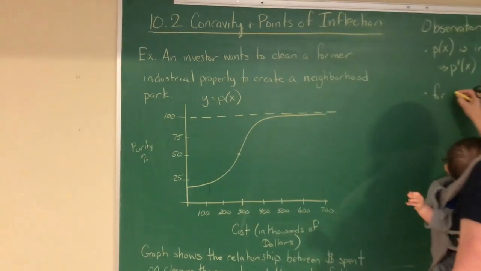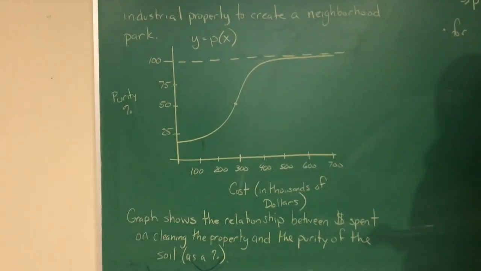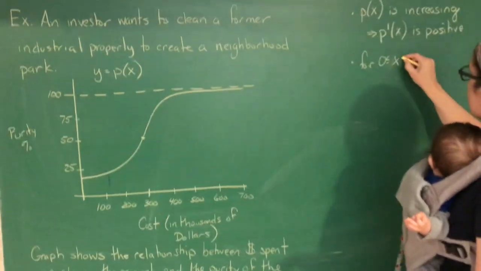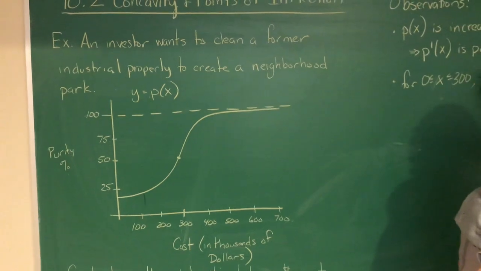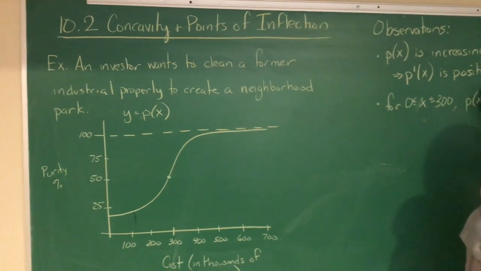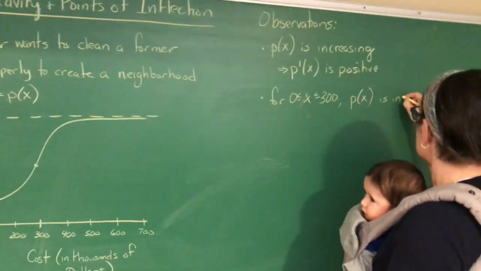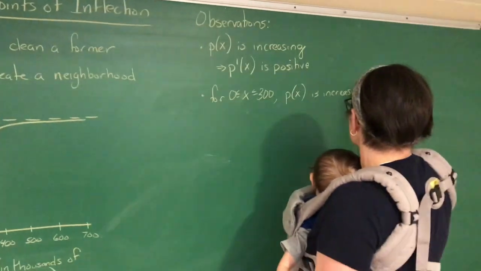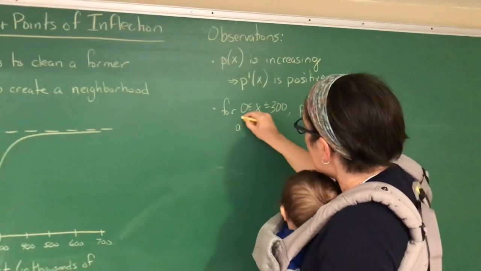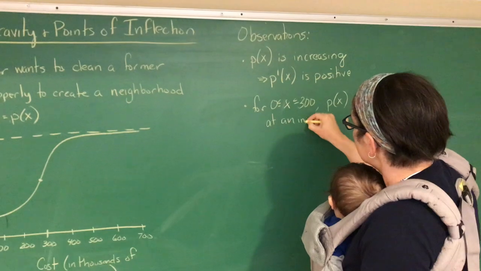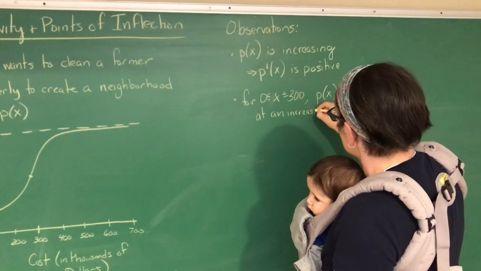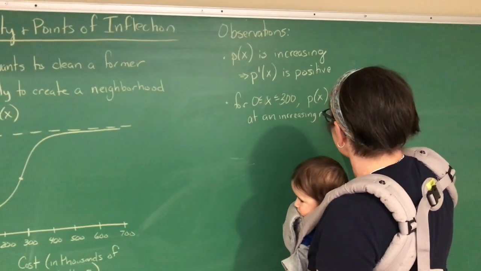So for x values between 0 and 300, our function p of x is increasing at an increasing rate.